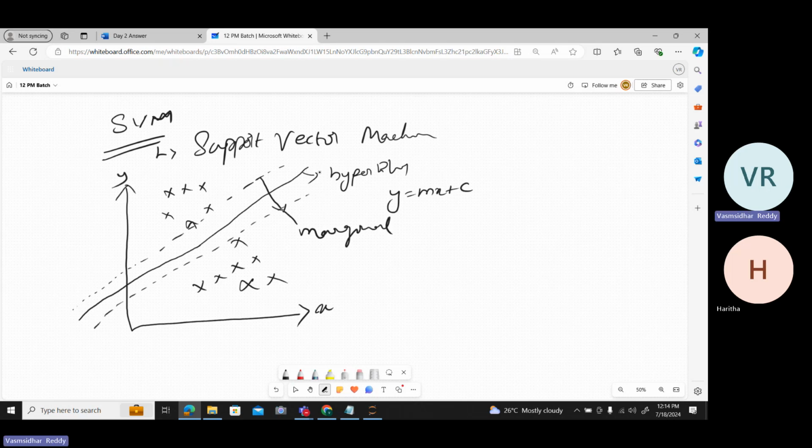The line in the middle is known as the hyperplane, and the two lines formed on either side are the marginal planes. If you increase the distance, the marginal plane will touch the starting point, which is the start of the data point division.